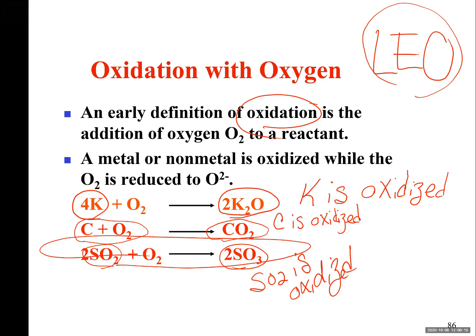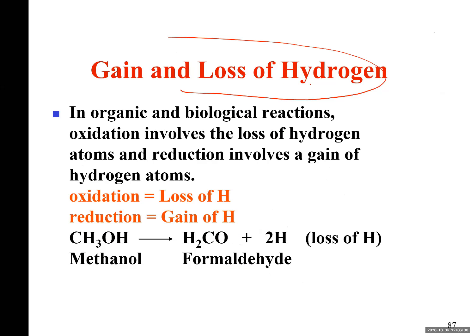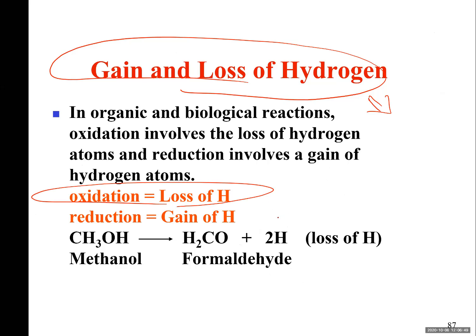Is there another way to look at the equation and say it's oxidation or not? Loss of hydrogen is also called oxidation. Therefore, gain of hydrogen is reduction. So loss of hydrogen is defined as oxidation, which is the same as LEO.